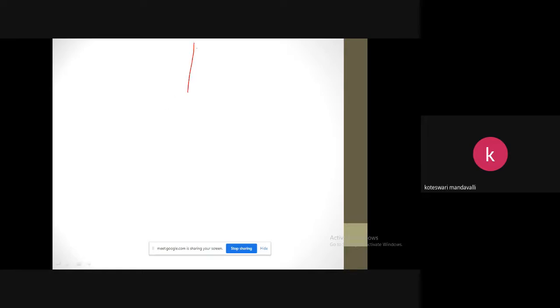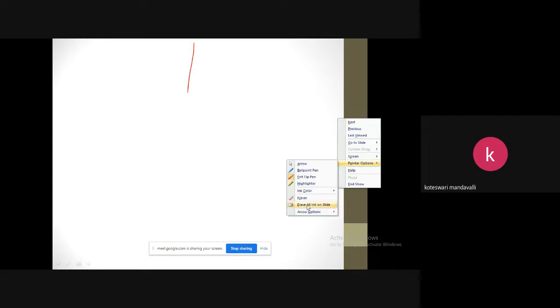I will divide this part into two parts: case 1, x2 less than xc, and case 2, x2 greater than xc.